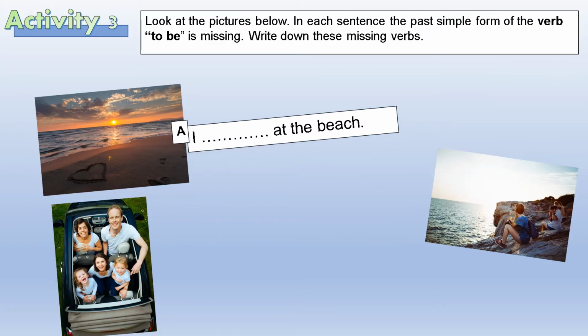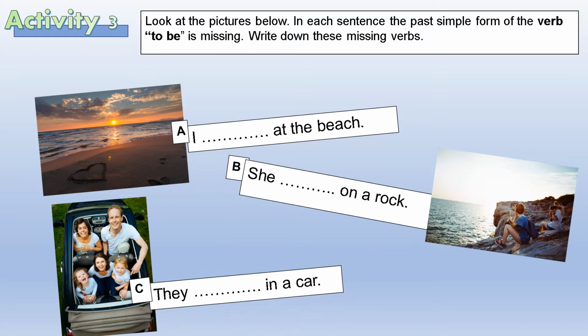Okay, awesome. Activity 3. Look at the pictures below. In each sentence, the past simple form of the verb to be is missing. Write down these missing verbs, and I'll give you a moment for this.